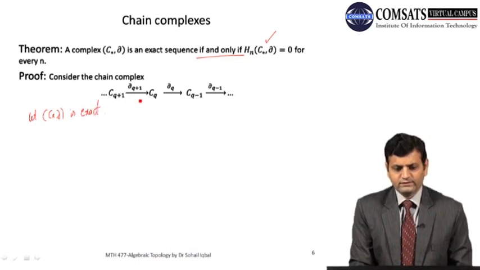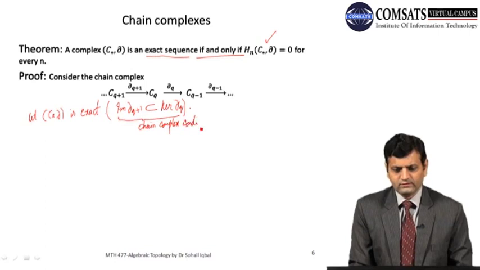What's the difference between the condition of a chain complex and the condition of exactness? In the condition of a chain complex, we saw that the image of partial q plus 1 is contained in the kernel of partial q. This is coming from the chain complex condition.